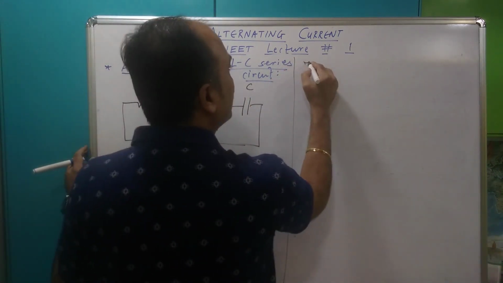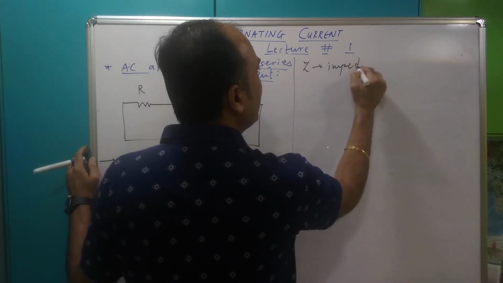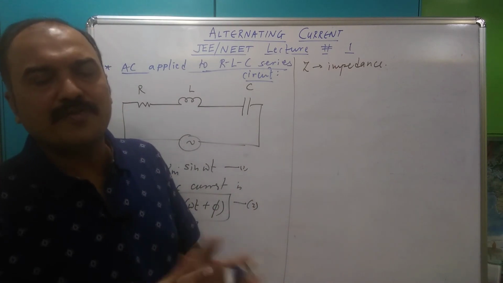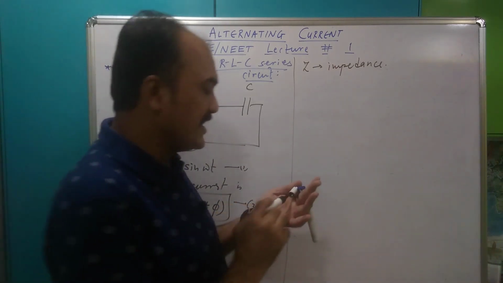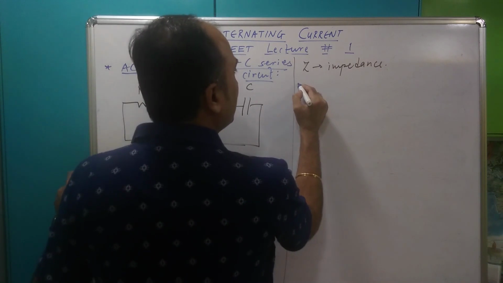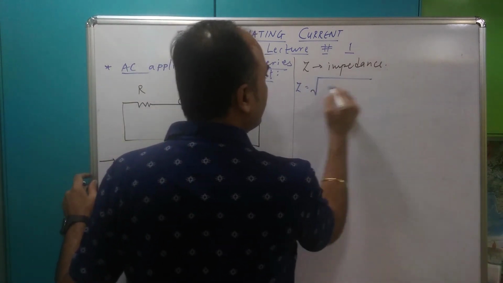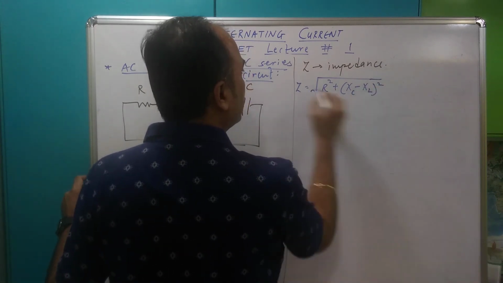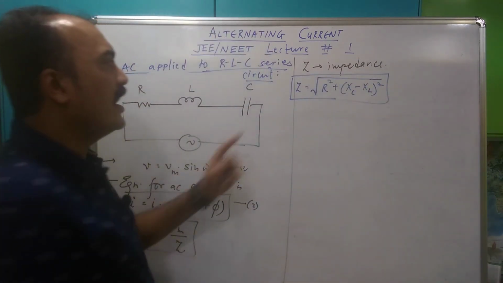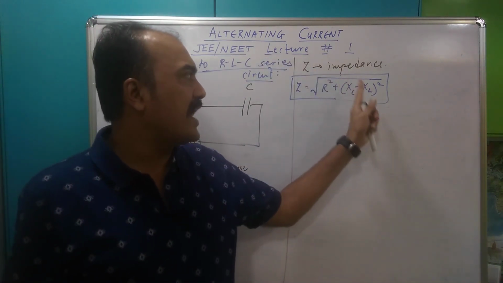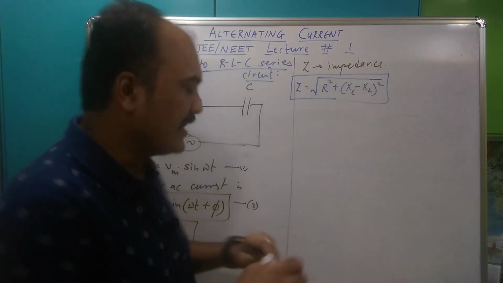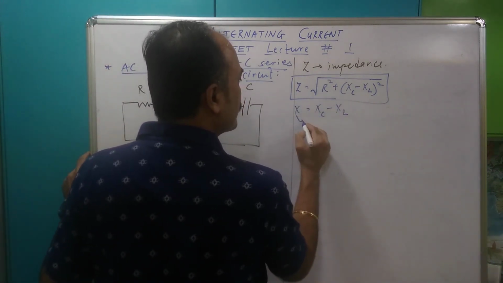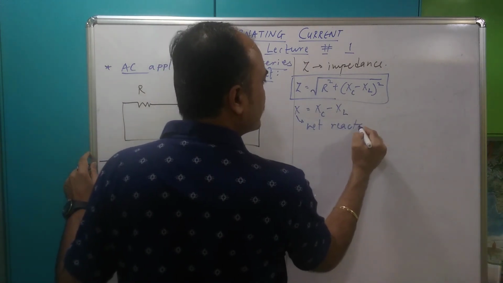Here Z is called impedance, defined as the combined opposition offered by R, L and C to the flow of AC current. The equation for impedance is Z equals root of R square plus XC minus XL the whole square. Here R is the resistance, XC is capacitive reactance, XL is inductive reactance, and XC minus XL is called the net reactance.